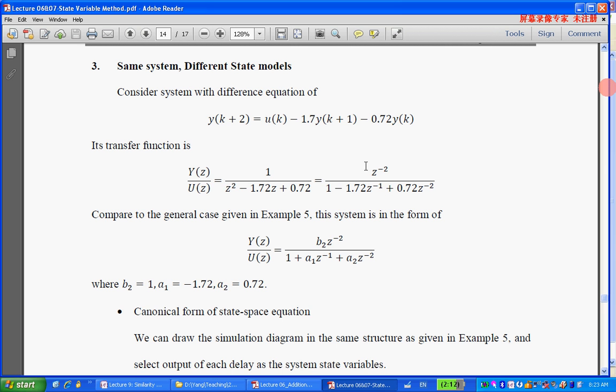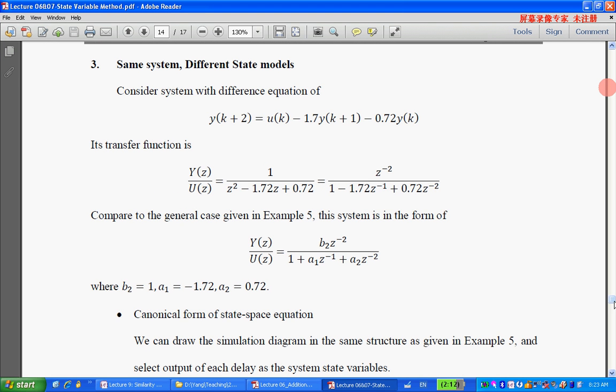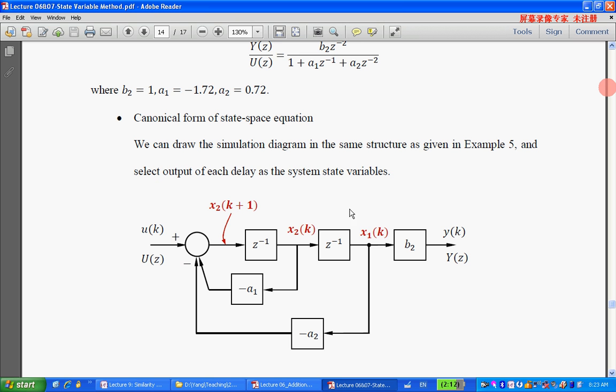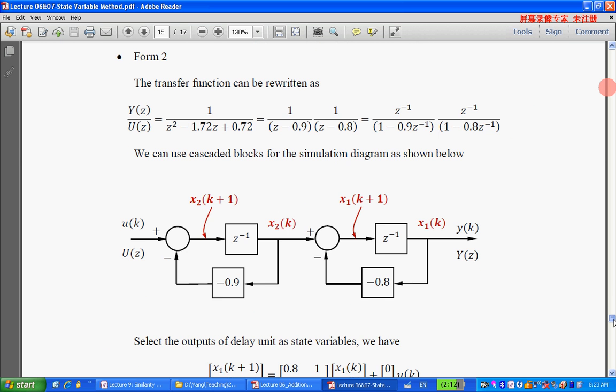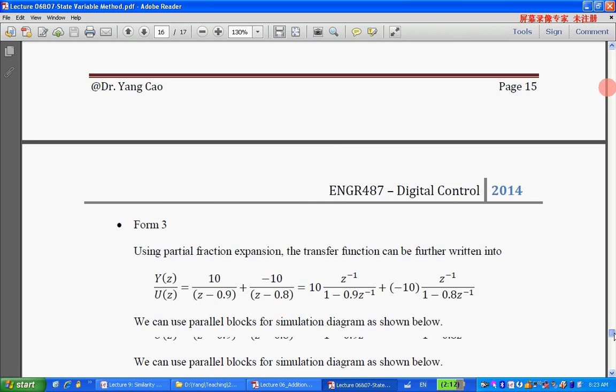Now we're trying to derive the state space model, and we have different approaches. If we draw this kind of simulation diagram, we end up with a control canonical format. If you draw this kind of format here, you end up with... sorry, this is actually not diagonal. This is a cascaded format here.